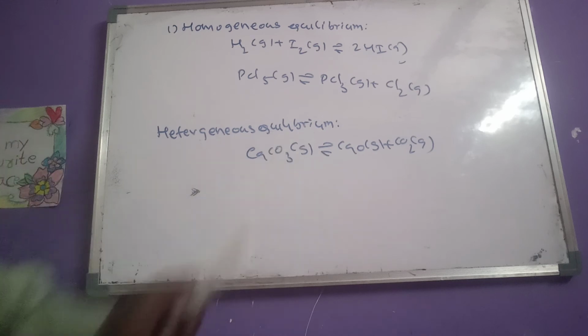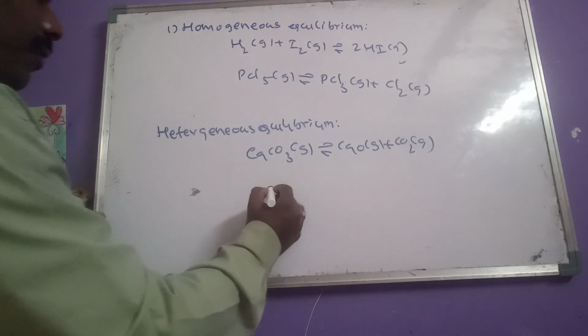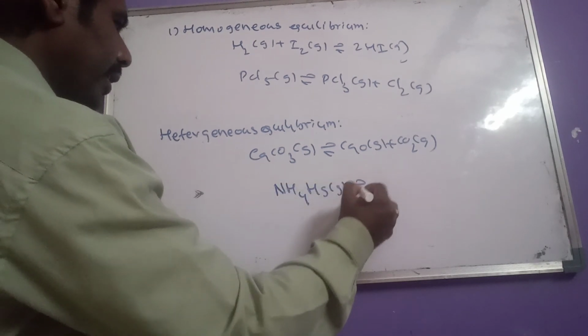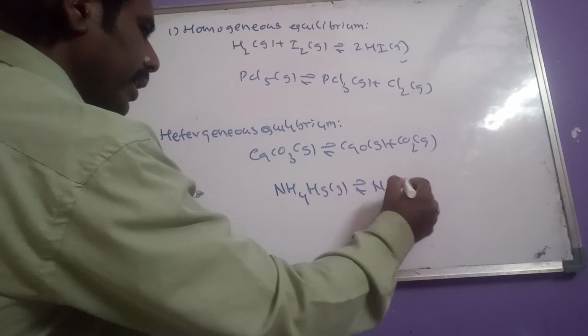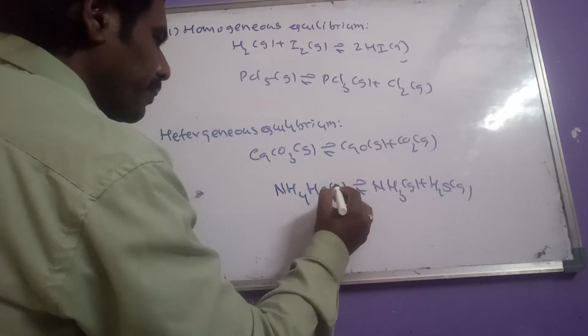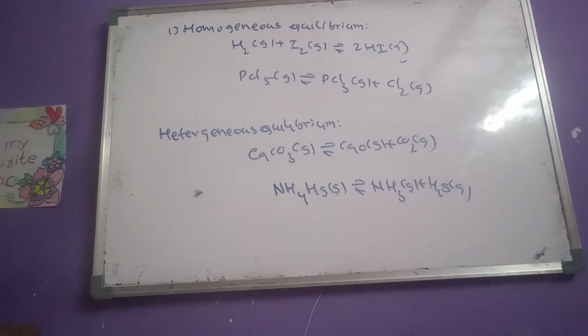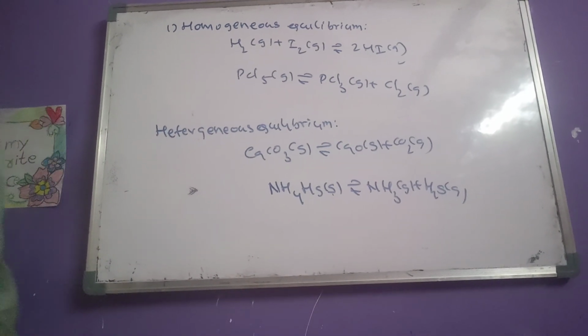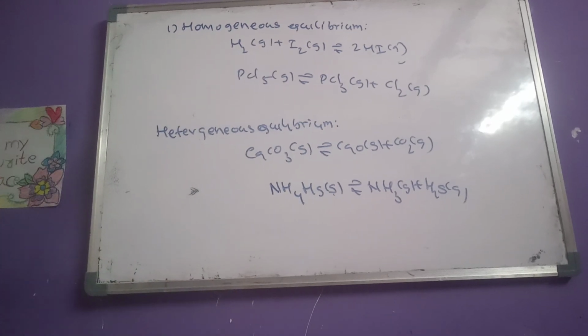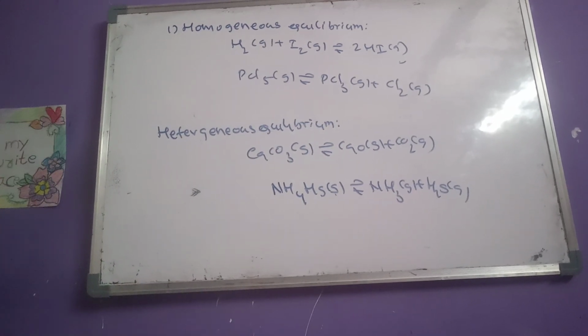So this comes under which one? Heterogeneous equilibrium. Another example we can go for: NH4HS solid gives NH3 gas plus H2S gas. So this is also an example of which one? Heterogeneous equilibrium. Okay, these are the characteristics and types of equilibria.